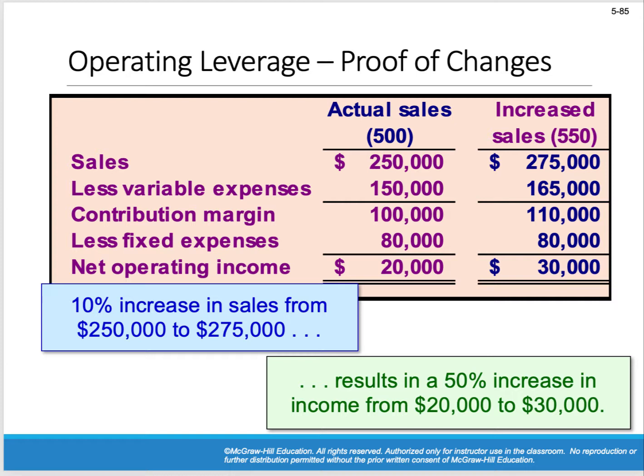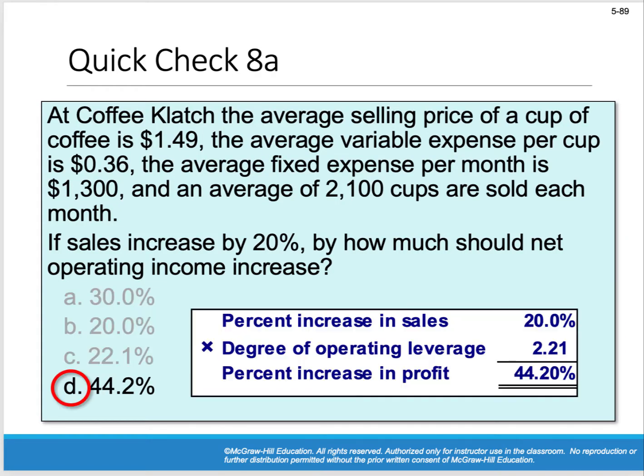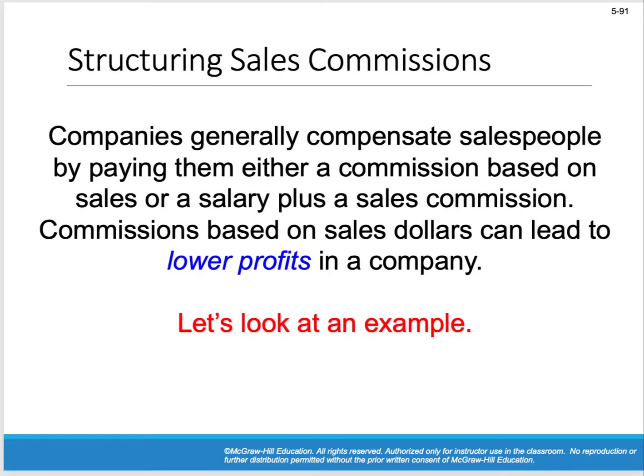It decreases, meaning that operating leverage decreases as sales and profits rise. So as we get further away from the break-even point, our degree of operating leverage shrinks, okay? We'll look at examples of how to calculate this when we go through our exercises in the study guide.